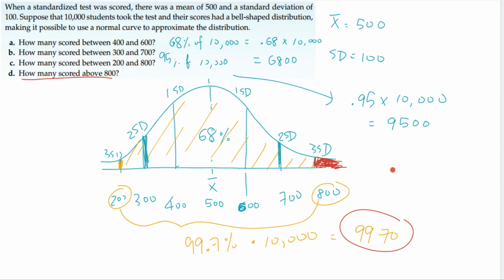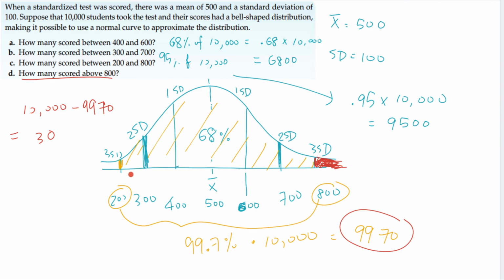So we know the total students is 10,000, and the students who are within 3 standard deviations is 9,970. If we subtract 9,970 from 10,000, what do we get? About 30, right? 30 includes the lower end and upper end.